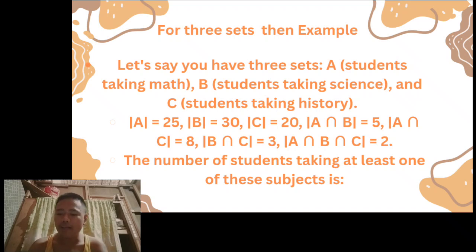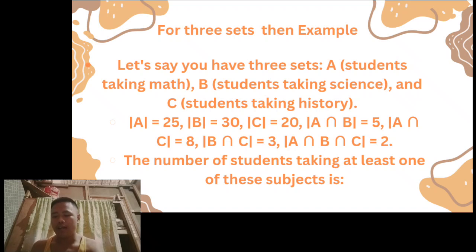A is 25, B is 30, C is 20, A intersection B is 5, A intersection C is 8, B intersection C is 3, and A intersection B intersection C is 2. The number of students taking at least one of the subjects is?